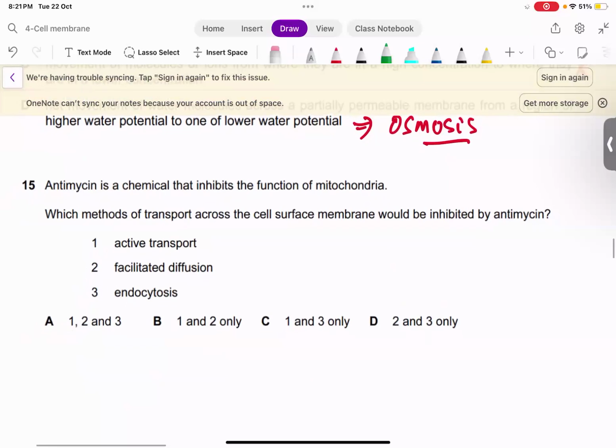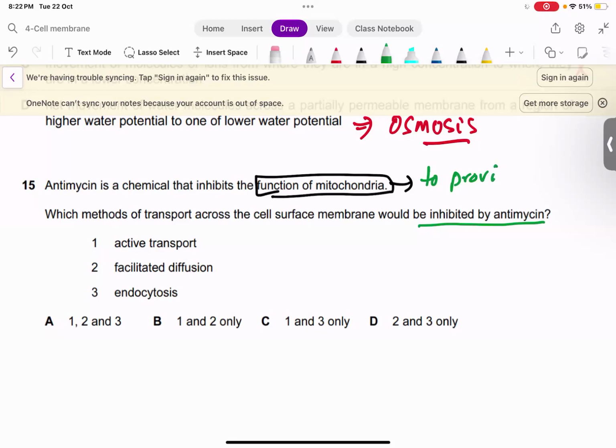We have another question. Antimycin is a chemical that inhibits the function of mitochondria. Which method of transport across the cell surface membrane would be inhibited by antimycin? As antimycin inhibits the function of mitochondria, and the role of mitochondria is to provide ATP, which is used during an active transport.